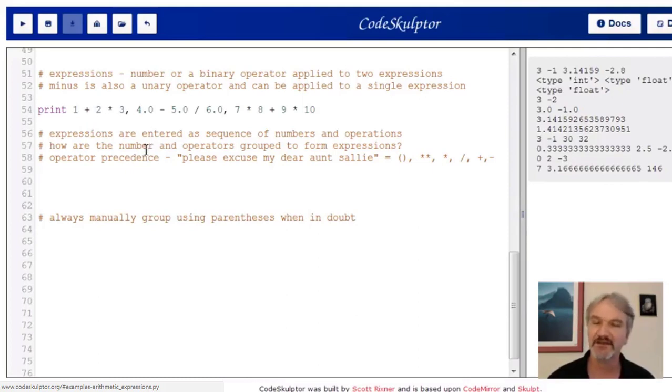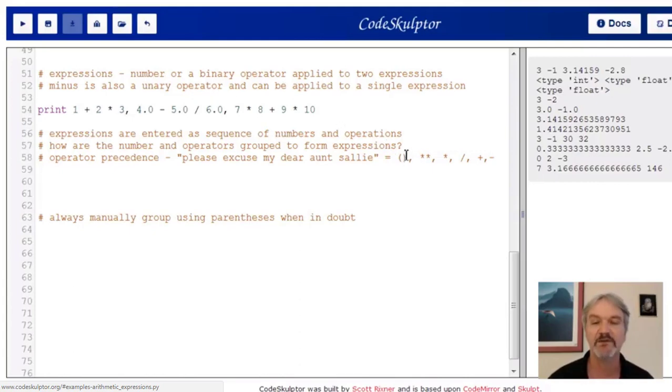It turns out there's this notion of precedence, and you probably studied this in middle school algebra. In fact, you probably learned a mnemonic at one point, maybe you remember: please excuse my dear Aunt Sally. The first letter of each word in that phrase gives us the order in which we should do operations when we're taking this linear version of an expression and thinking about it in terms of the recursive definition.